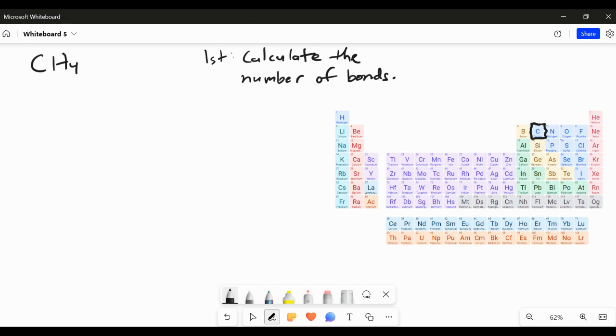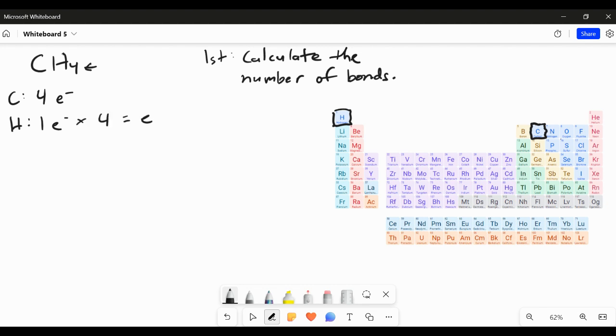Carbon is right here on the periodic table, so we know that it has 4 valence electrons. Hydrogen is a group 1 element. It's right here. So hydrogen has 1 valence electron. But there are 4 of them, so we have to multiply this by 4.